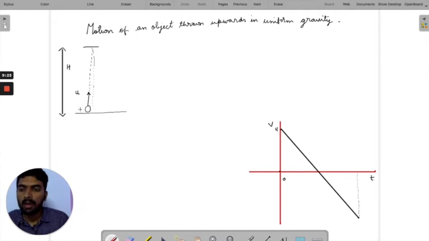For an object that's projected vertically up, we know it goes to a maximum height h and then it returns back due to gravity, which is constantly acting downwards. Now for this motion, the time of flight is the time of ascent plus the time of descent, right? Most of you already know that the time of ascent and time of descent are both equal, right?